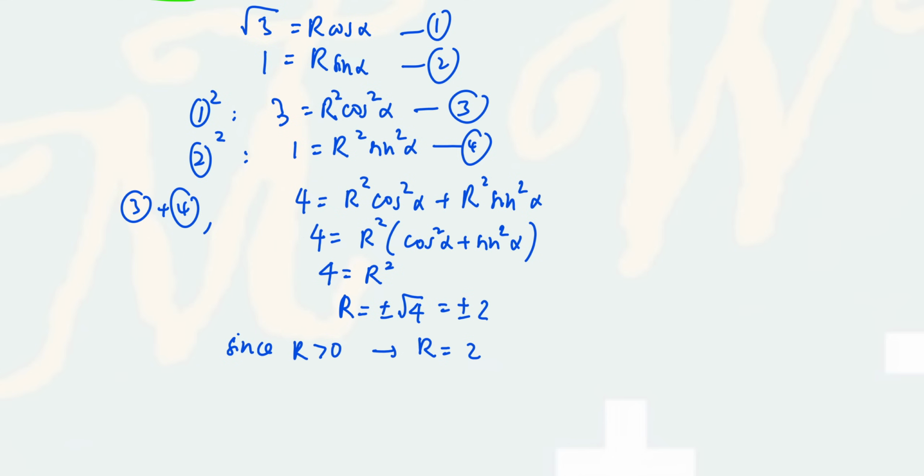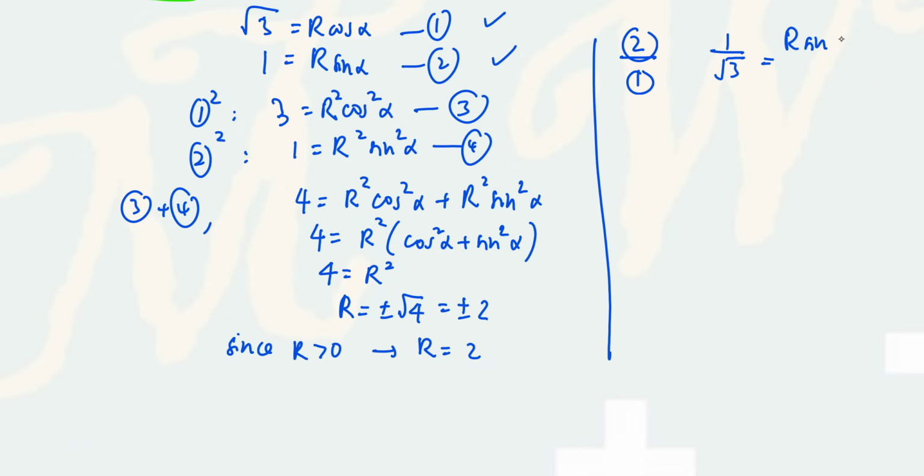And now, to get the alpha, I will just use sine alpha over cos alpha, which means the second equation over the first equation. Refer to these two original equations. So when I divide, it will be 1 over square root 3 on the left side. Right side, I write down first r sine alpha over r cos alpha.